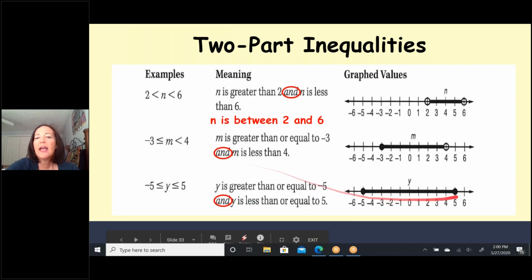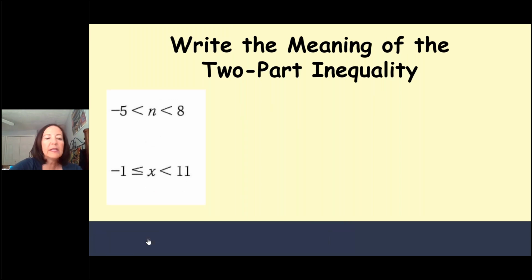You can see the graphs on the right side of the screen. y is greater than or equal to -5, so they've got the closed dot, and y is less than or equal to +5. The next example we're going to skip because I want to show you the other example.